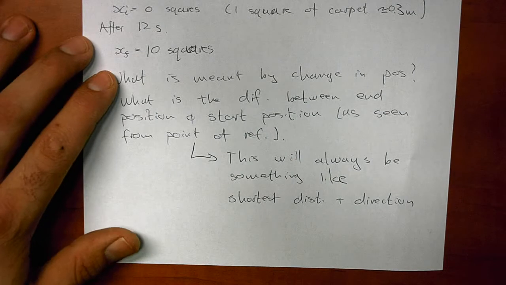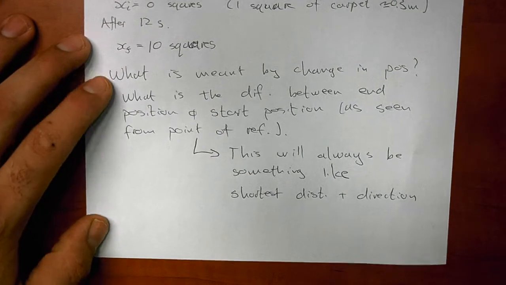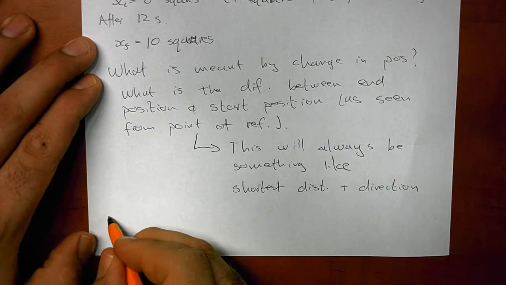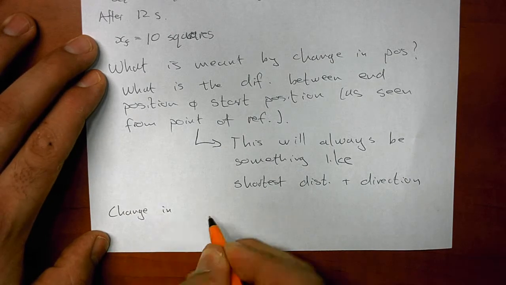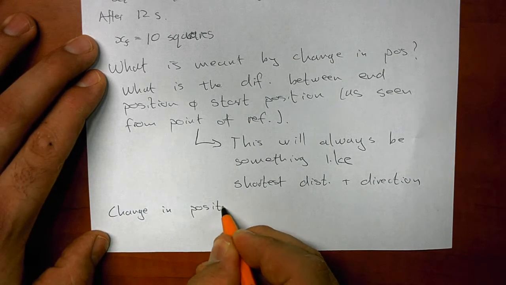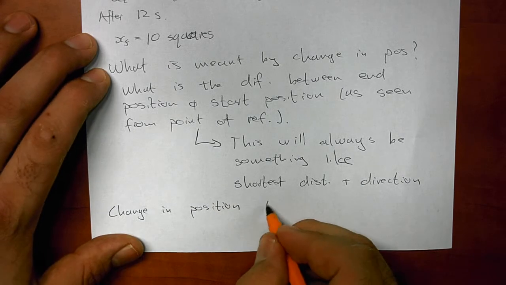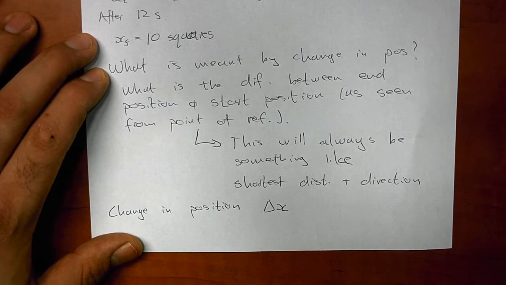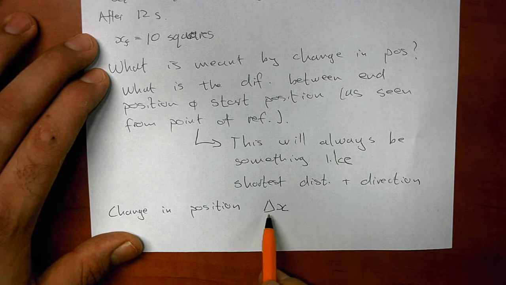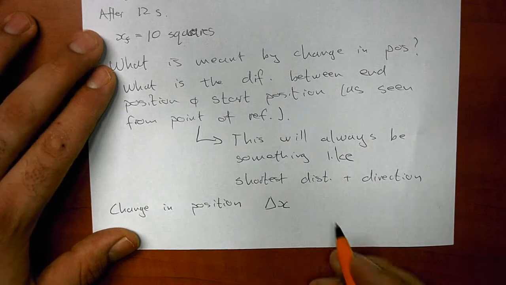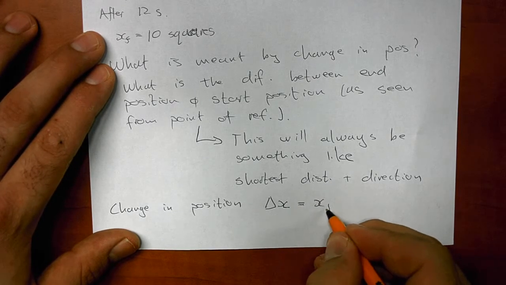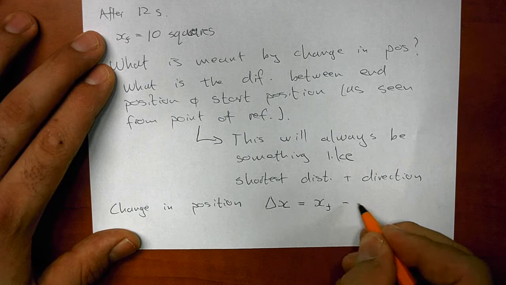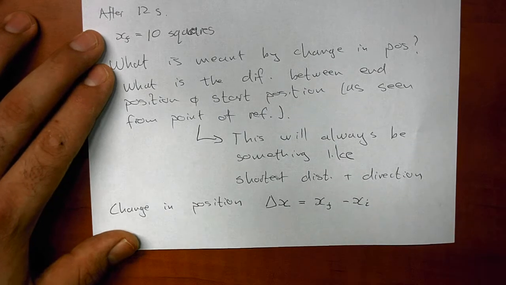So if we think back to our x-axis, we can now define the change in position, which we're going to use this symbol for. It's called just delta x. It's just a label or a name. And we define this as the final position minus the initial position.